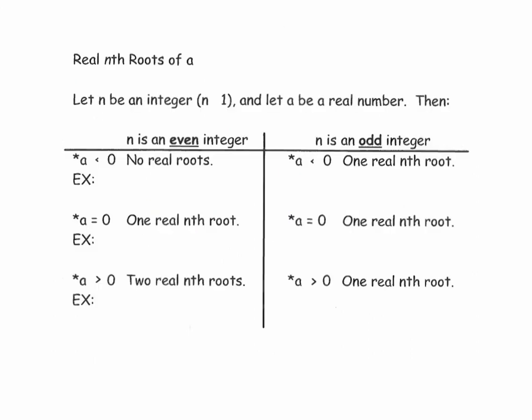Let's take a look at the definition of real nth roots of a. If you have the nth root of a, you put the radical symbol, a goes on the inside, and n is in the corner. So n is known as the index of the radical. And it's however many times you need to multiply a number to equal that value on the inside.